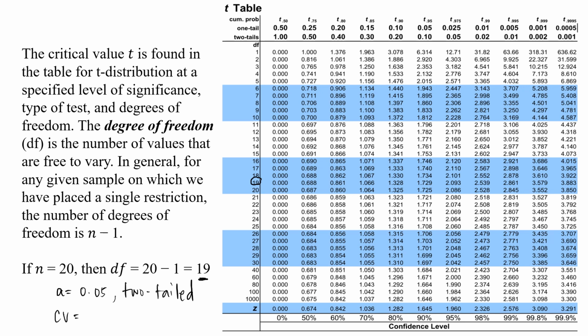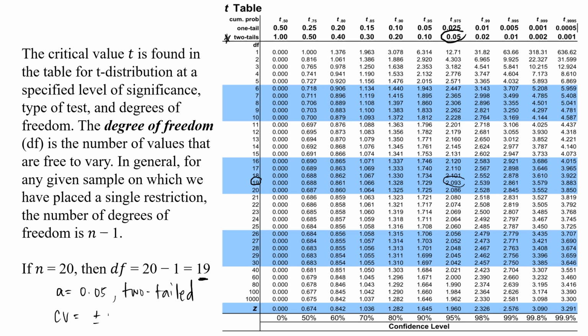Okay? So, ito si 19, yung degree of freedom natin. Then, hanapin natin yung two-tailed test. So, dito, yung 0.05 sa two-tailed. So, nandito ngayon. Saan tumapat yung kanyang value? Okay, 19, which is 2.093. Since two-tailed yan, ang gagamitin natin na sign is positive and negative.